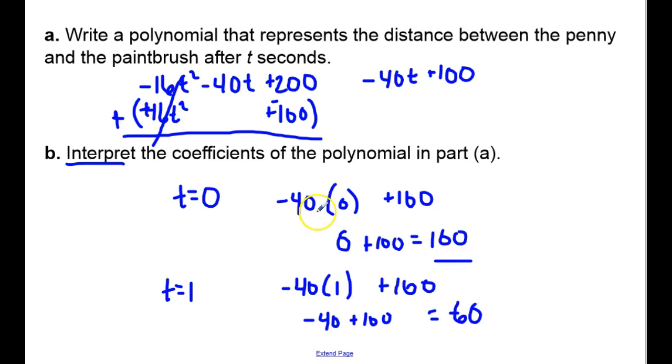So that's what those numbers tell me. So here's the original distance, right? Originally, when I first start, they are 100 feet apart, and then every second they get 40 feet closer together. So that's how we can use the context of the problem to explain the terms that we're looking at.